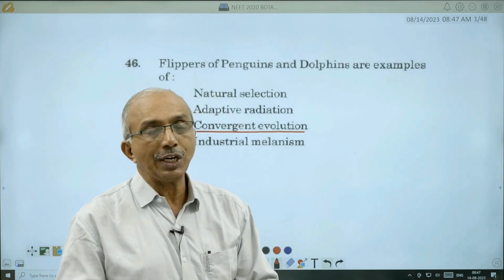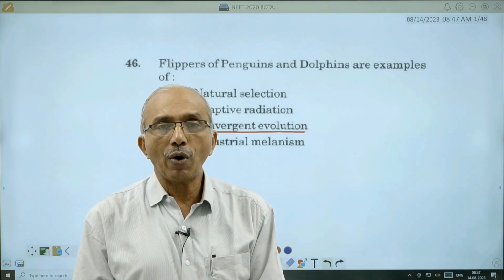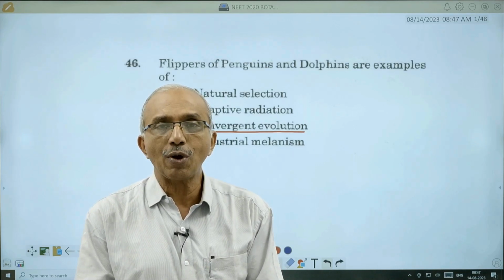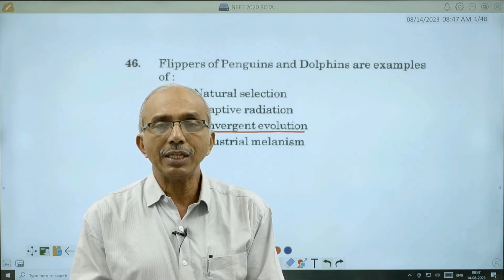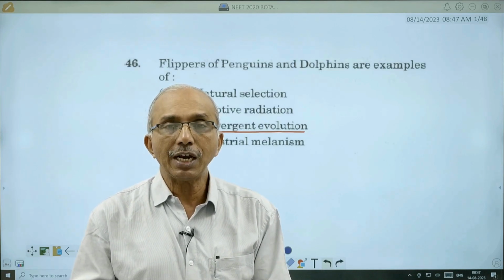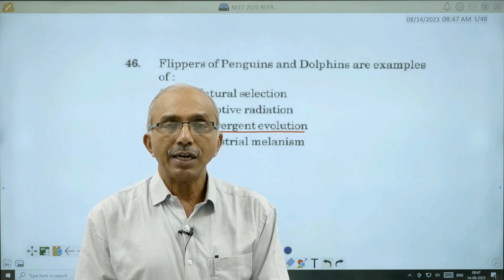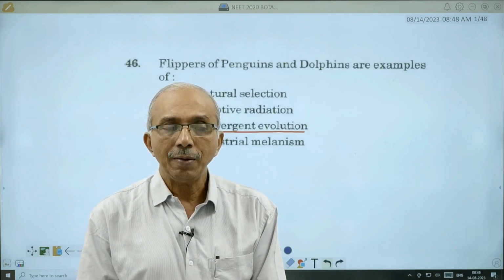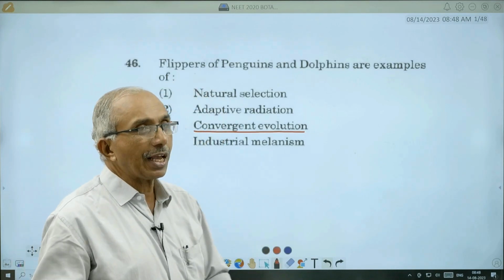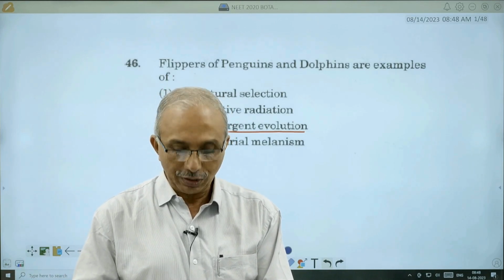Adaptive radiation is the evolution of organisms from a common ancestral stock, and during the evolution they migrate into different regions of the same geography, that is divergent evolution. They show homologous organs. Industrial melanism is seen in the peppered moth.